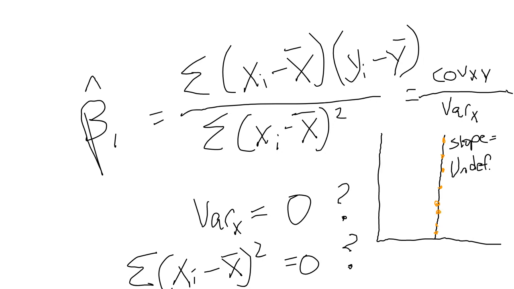So that's the answer to that one. You can either just know that this is impossible to calculate if the variance is 0 or all x's are the same. That means the same thing, but that's the general idea. So the answer would be B. There's no variation among the independent variable, which is just another way of saying all x's are the same.